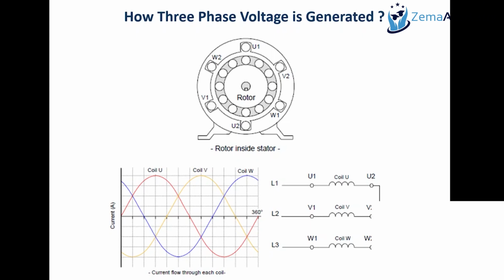When the rotor rotates with the help of hydropower or diesel or oil or whatever the input, wind for example, then it will allow the mutual induction process, and there will be an induced EMF on those stator conductors. And those induced EMFs would have the same magnitude but different angles. That would be 0, minus 120 degrees, plus 120 degrees.